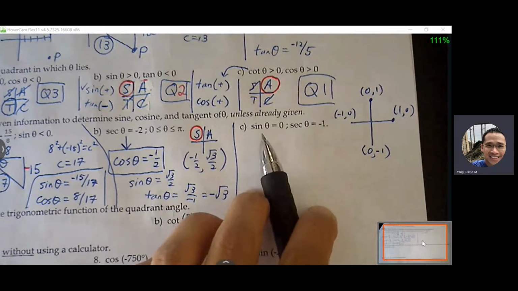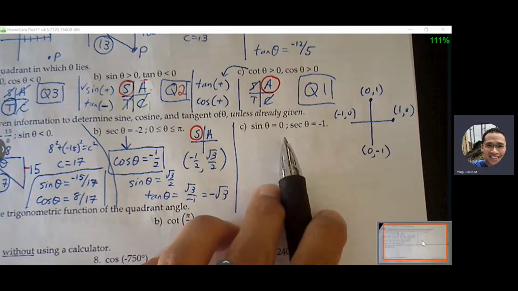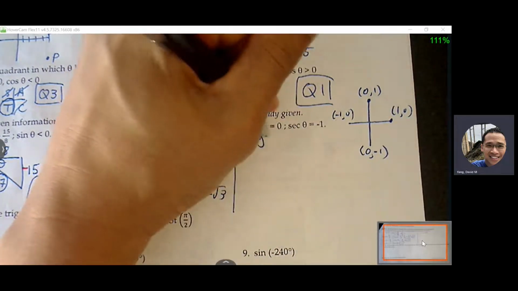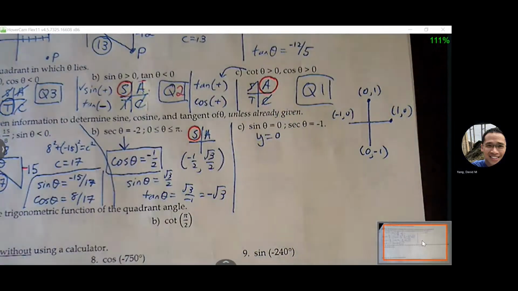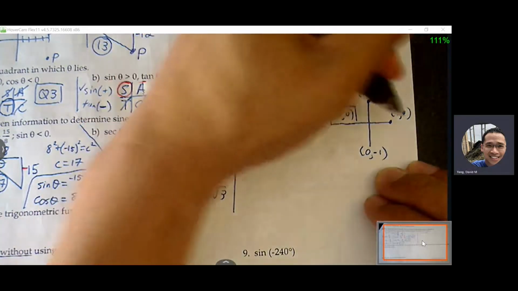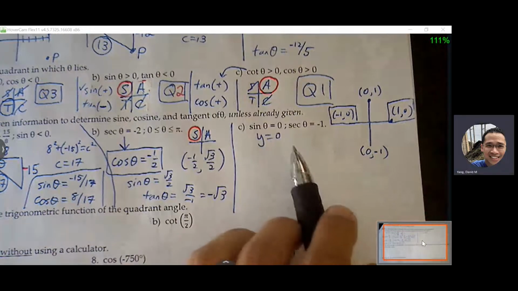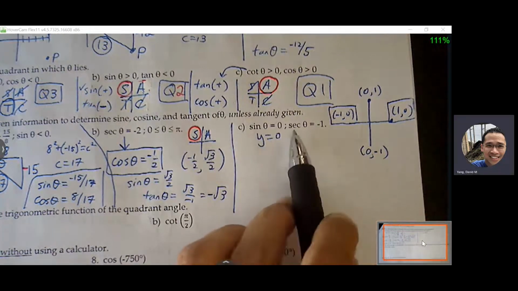So sine is equal to 0. And sine is related to what? The x or the y? The y. So where is y going to be 0? Either (-1, 0) or (1, 0).